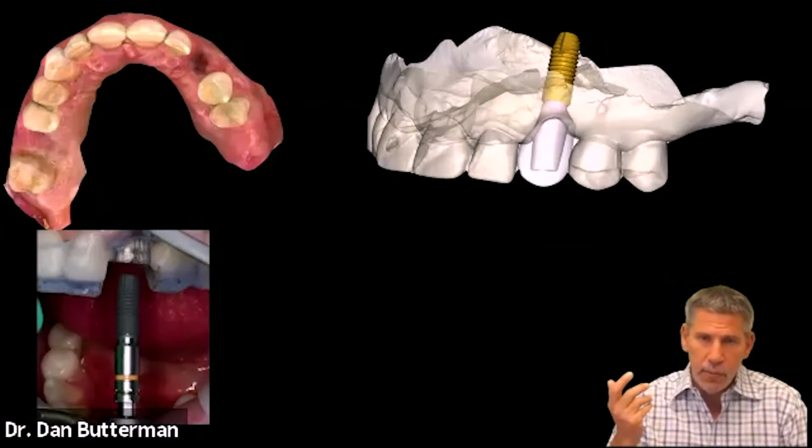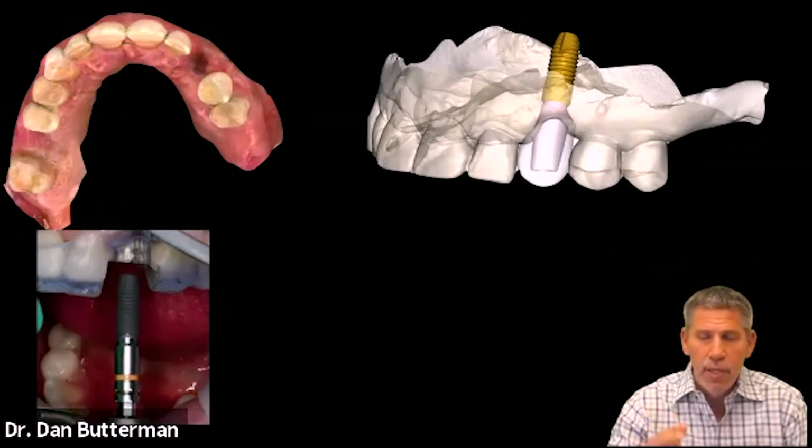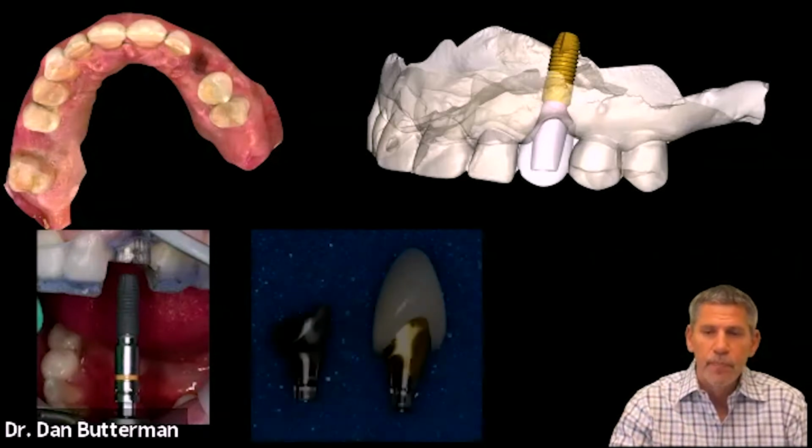And then basically what's going to happen is that there's an index on that driver. I don't have it pictured here, but that index, or notch, on the driver is going to line up with a notch or an index on the surgical guide. And where those two pieces meet, then you know your accuracy is there.